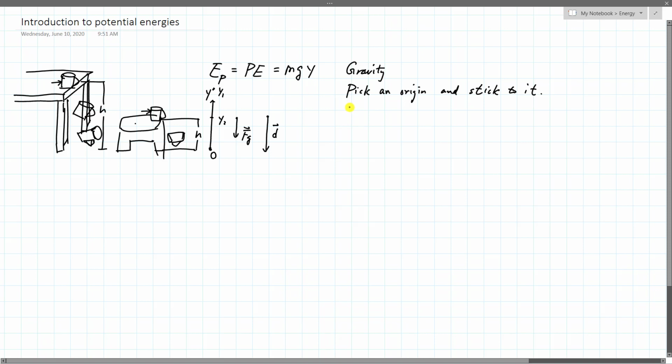So the exact value of PE due to gravity is not important.